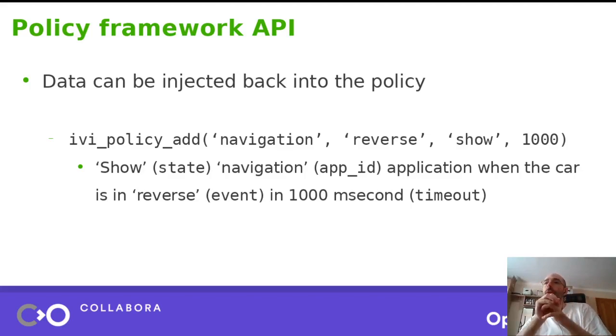The thing to note here is that this only adds a policy rule, it does not apply it, so there is another function which signals the policy that it needs to see if there is something that needs to be displayed, or there is a timeout, and to try after that timeout to perform the action once an event has changed the state.